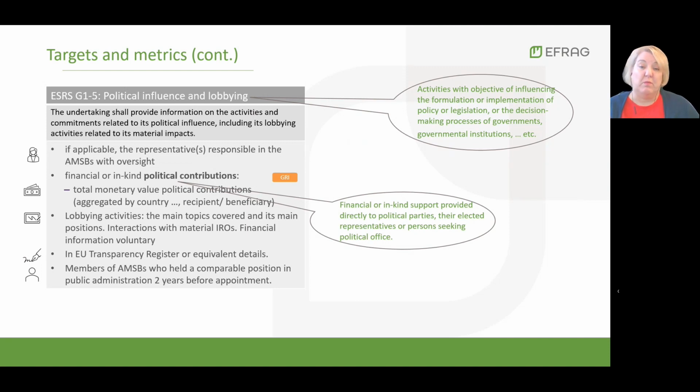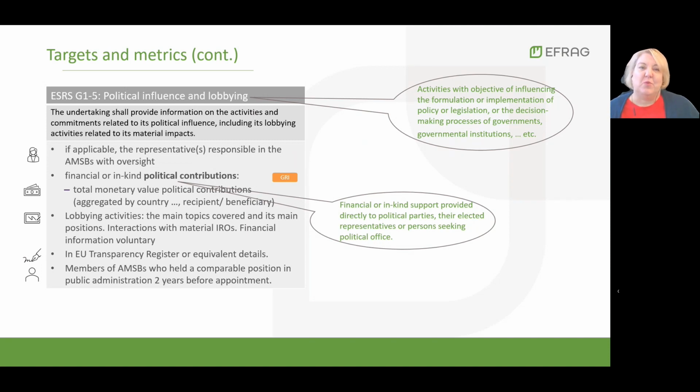If you are registered in a local transparency register, then you have to provide those details. And lastly, in this section, we also ask for information for those members of the AMSBs who held a comparable position. They've been appointed in the current year, but in the previous 2 years, they may have worked either in public administration or a regulator. So we want to understand if there has been a transfer from the public sector to the AMSB of the undertaking.